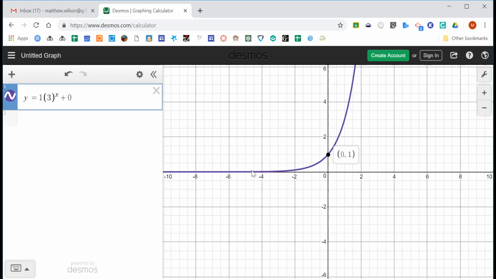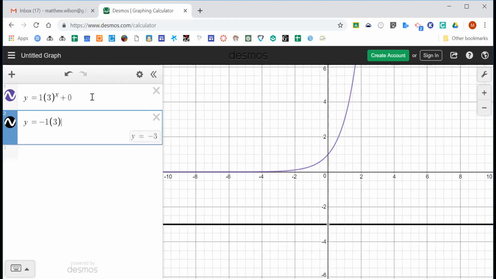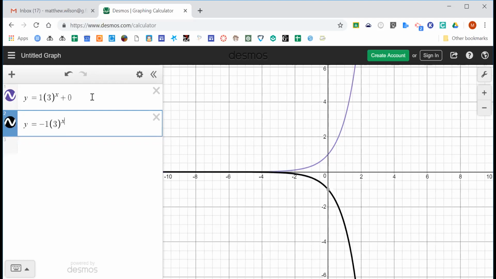Now, if I want to reflect it, I'm just going to add a different equation so we can see. In order to do that, I need to write a -1, open parentheses, 3, raised to the x power. And so notice that the negative a reflected it. But I also want to shift it to the right.